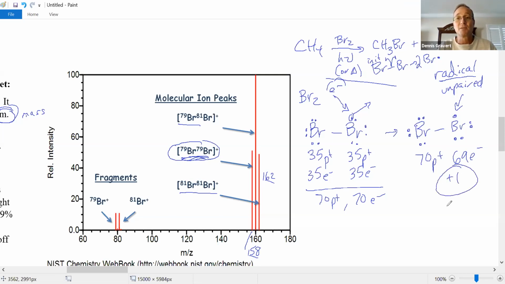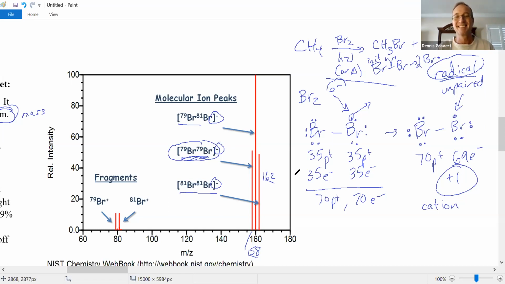You have a net +1 charge. It's a cation, or an ion, at the same time that it's a radical. We don't care so much about it being a radical, because it's a charge that helps navigate the magnetic field. That's why there's a little plus charge on all of these, because technically that's what we're weighing, the mass of the cation.